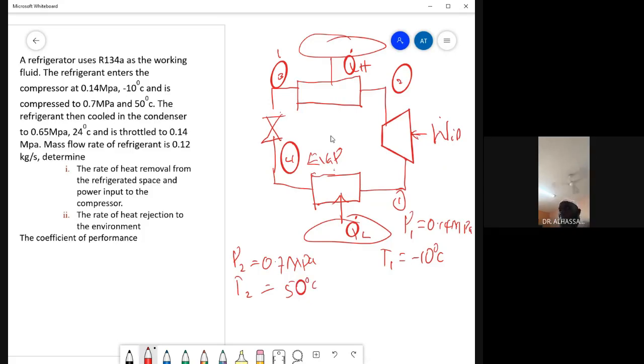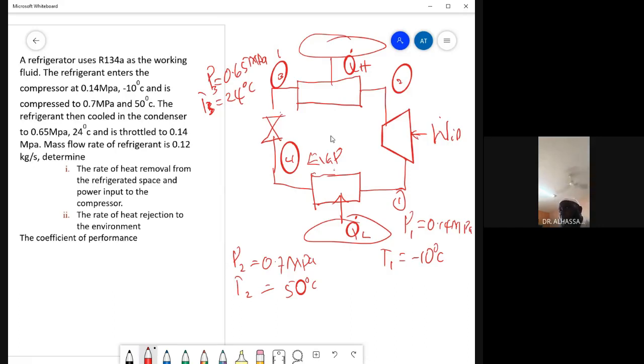The refrigerant is then cooled in the condenser to a pressure of 0.65 megapascal, P3, and T3 equals 24 degrees Celsius.